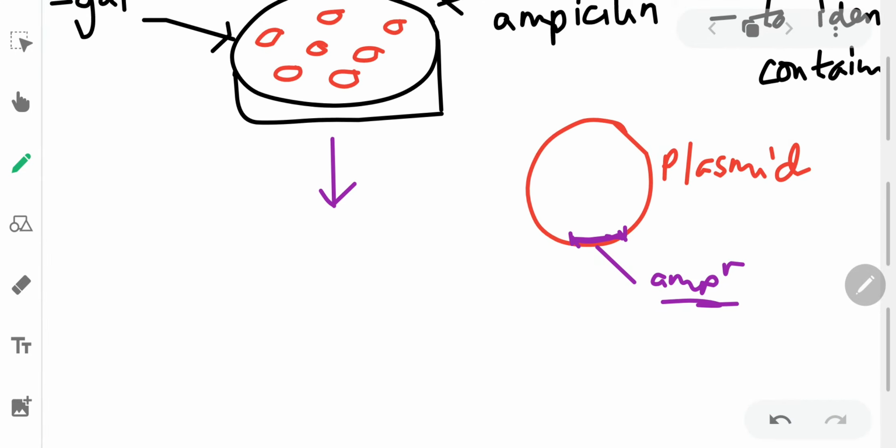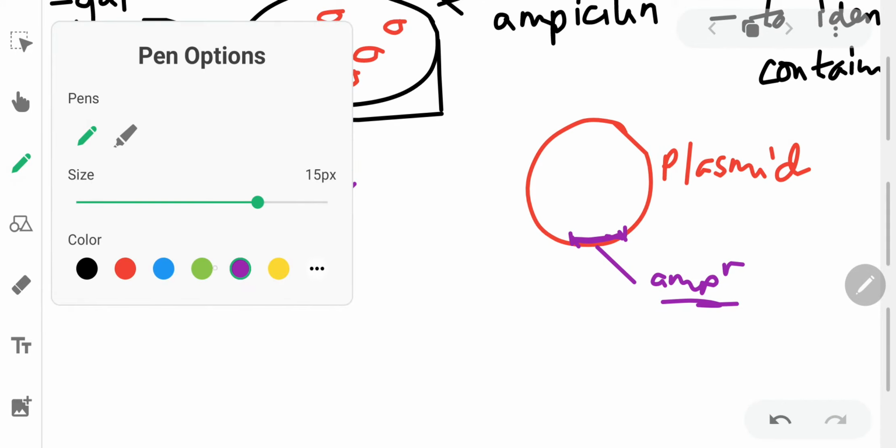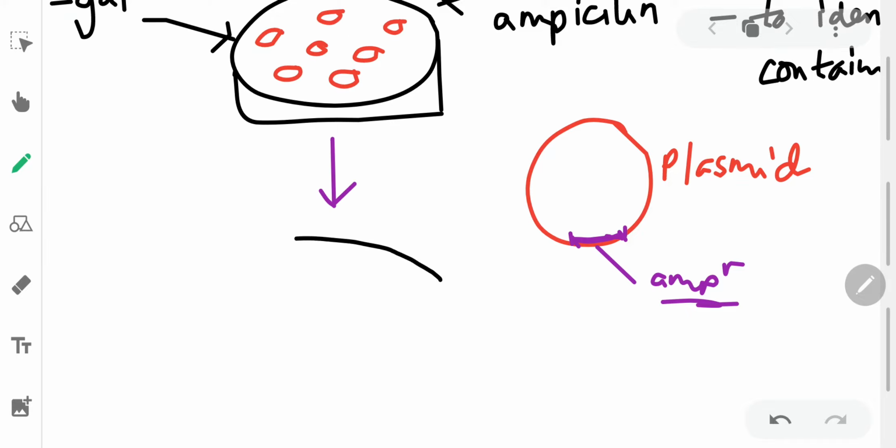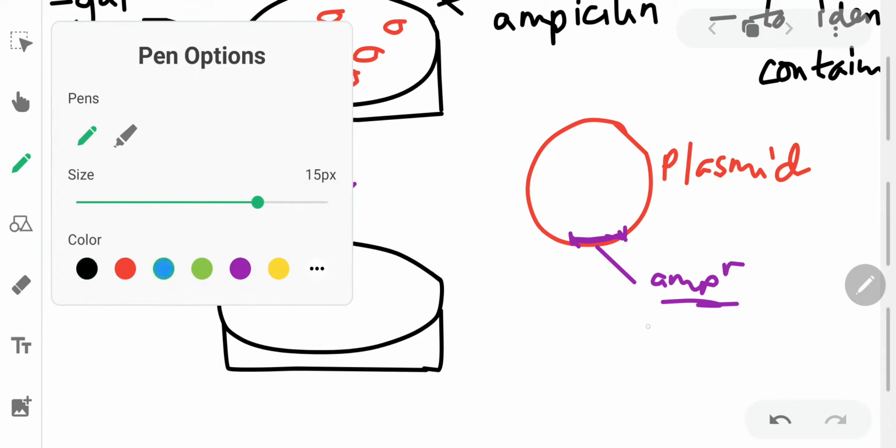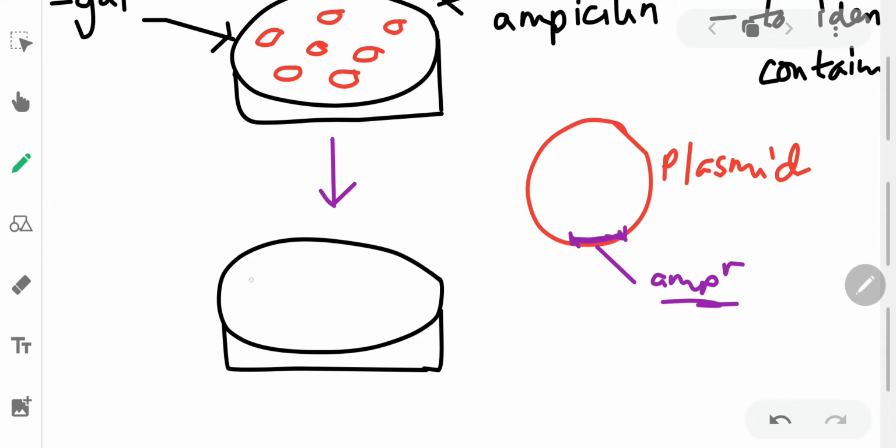When the bacteria grow, okay, let me draw once again here. When the bacteria grow, in this blue-white screening, some of the bacteria will turn into blue color. Like this. Okay. It will turn into blue color.